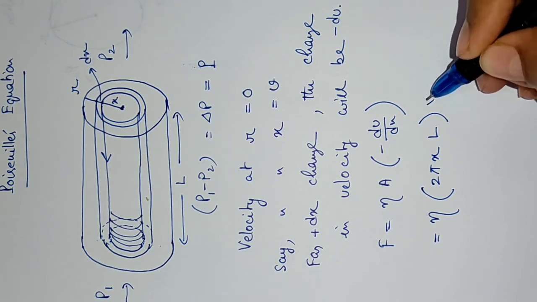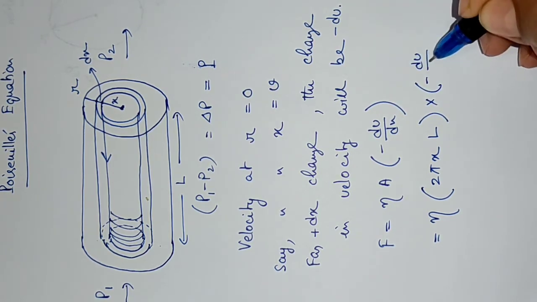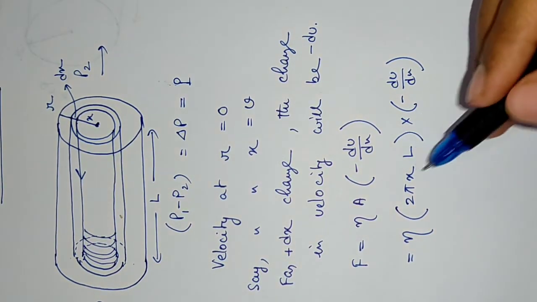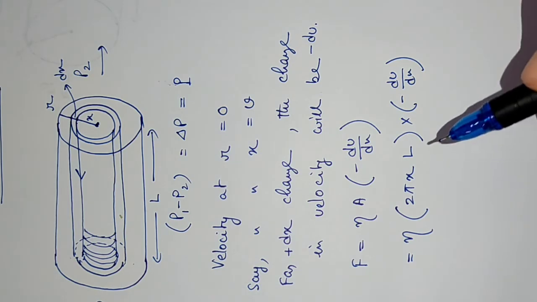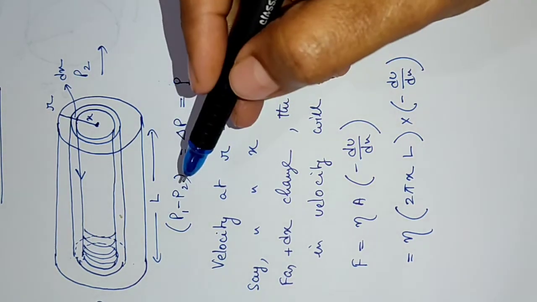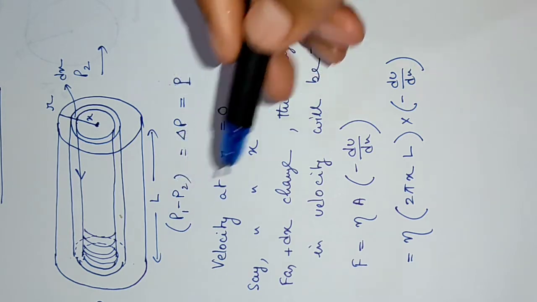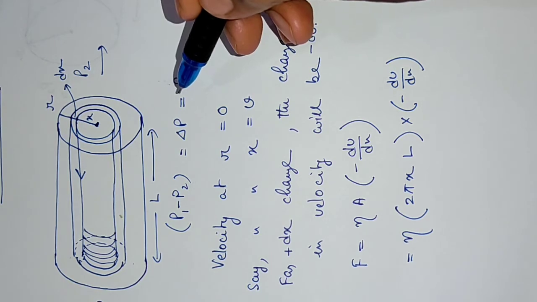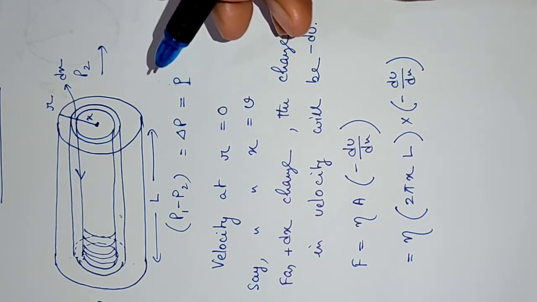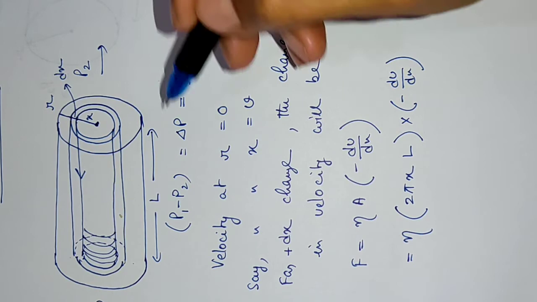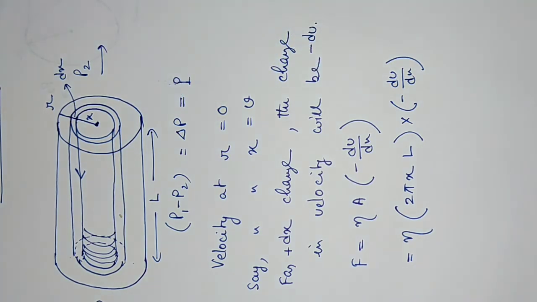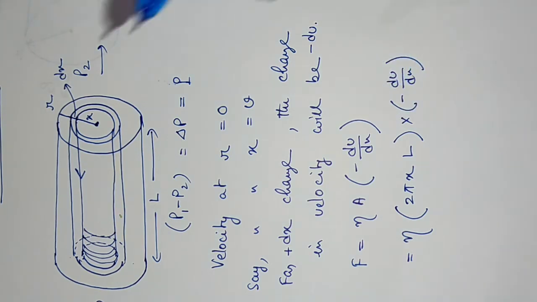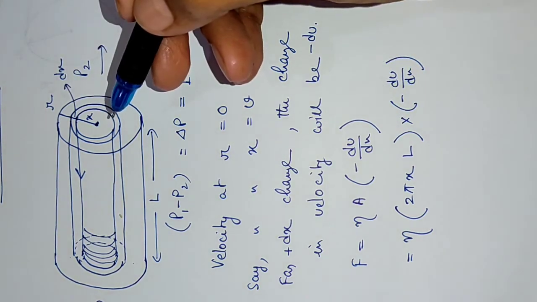Now this will remain as before, eta and minus dv dx. Now this force will be exactly balanced by the pressure difference. Now pressure is not equal to force, so pressure multiplied by the area upon which the pressure is acting will give us the force, and that force, when it balances this opposing force, then only the steady flow of the liquid is guaranteed.